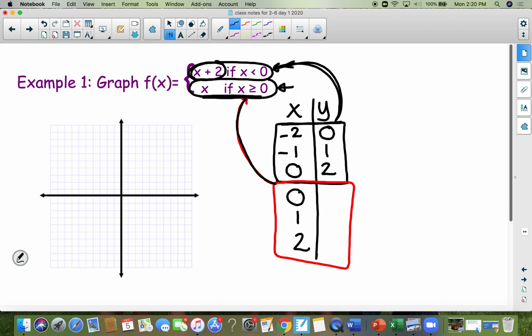When you plug 0 in there, you get 0, 1, and 2, because whatever the number is, the y value is also that. I didn't talk about what f of x stood for because I already talked about it. That stands for y equals. Well, y needs to equal x in the second one, and they do. The y's do equal the x's.